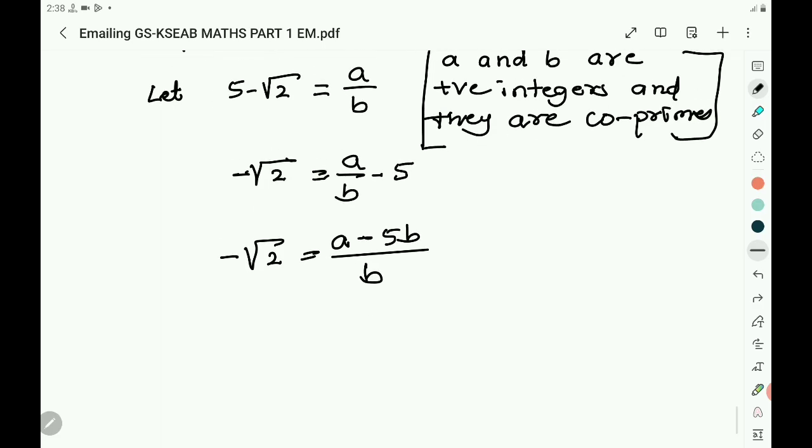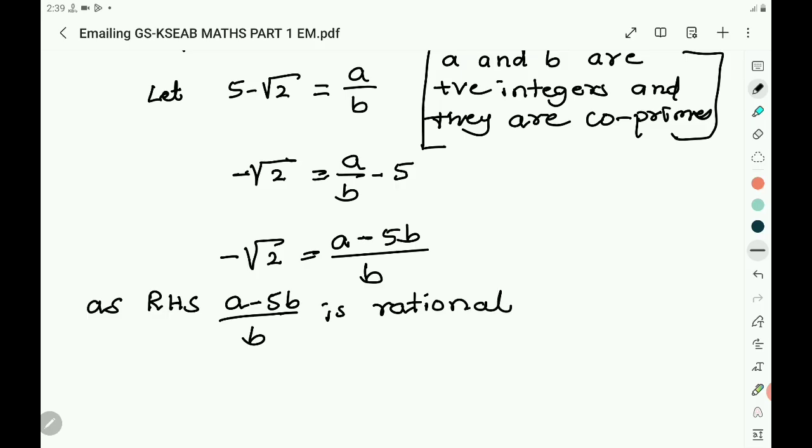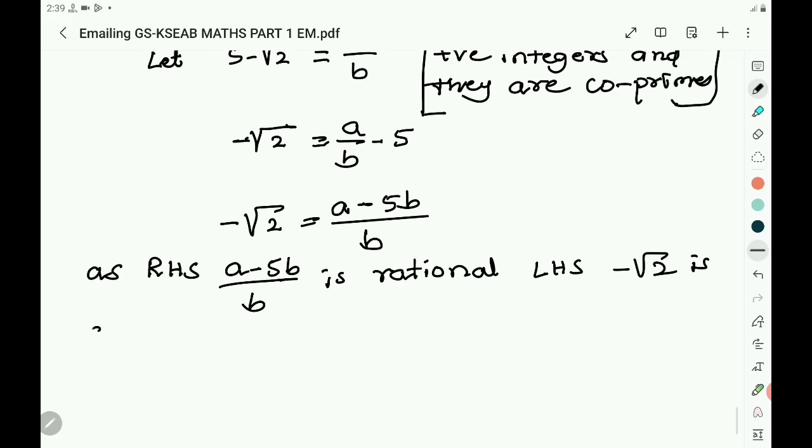So as RHS A minus 5B by B is rational, LHS minus root 2 is also rational.